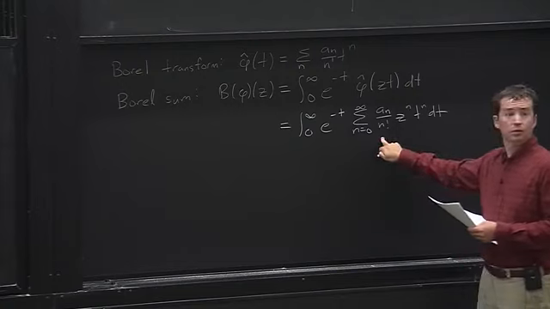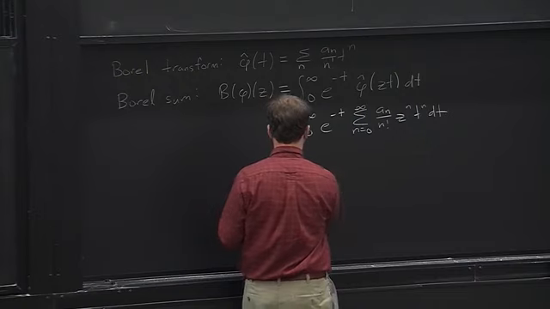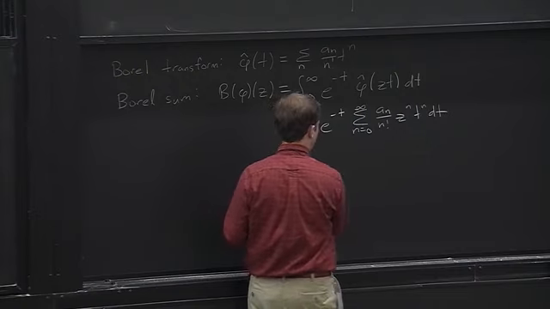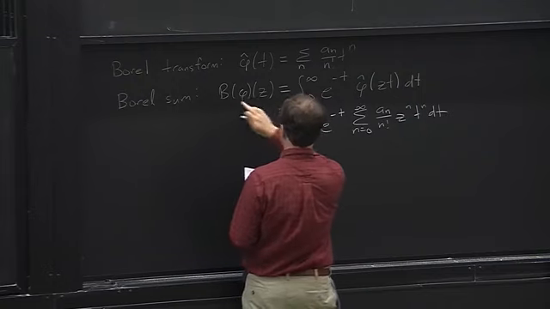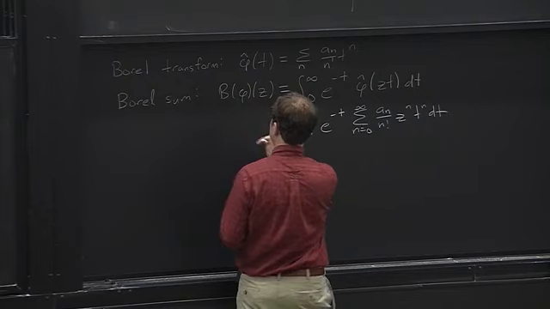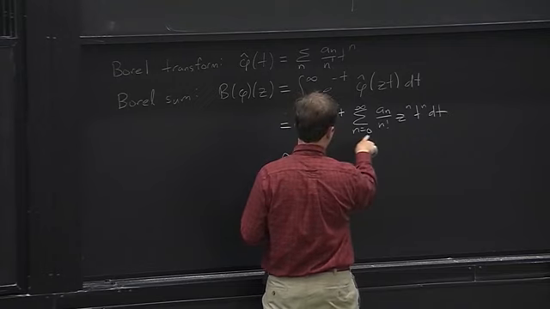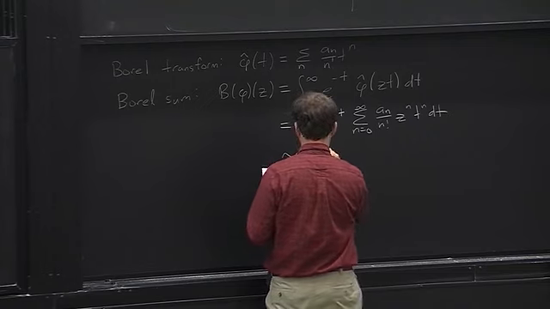And this has the property that it recovers the same asymptotic series. If we apply this to some asymptotic series, the Borel sum has the same asymptotic series. So if we just swap the sum and the integral, we can get the asymptotic series.